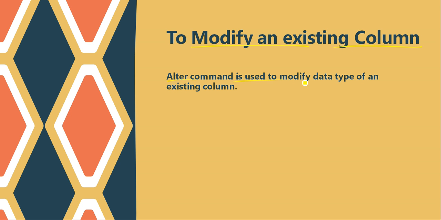Alter command is used to modify the data type of an existing column. So let's say roll number is integer right now. For now I want to make this roll number not an integer, but a varchar of 10 size. So how can we do that?